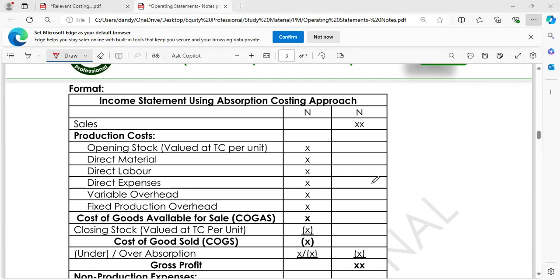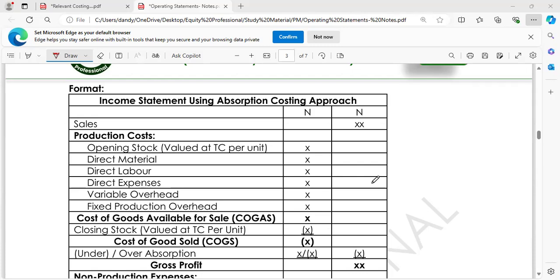All those costs that a company will incur in running the factory, like for example, the rent, the electricity, the utility, lighting, depreciation of the machinery, and all of that. All those costs are what we call overhead costs, which is the same thing as indirect cost. The overheads could be variable, it could be fixed.